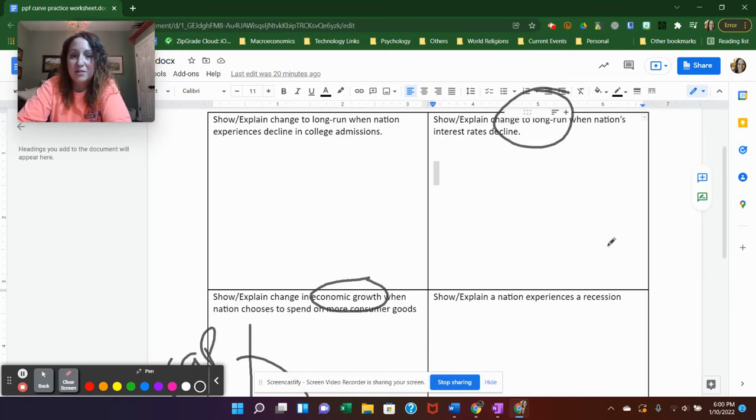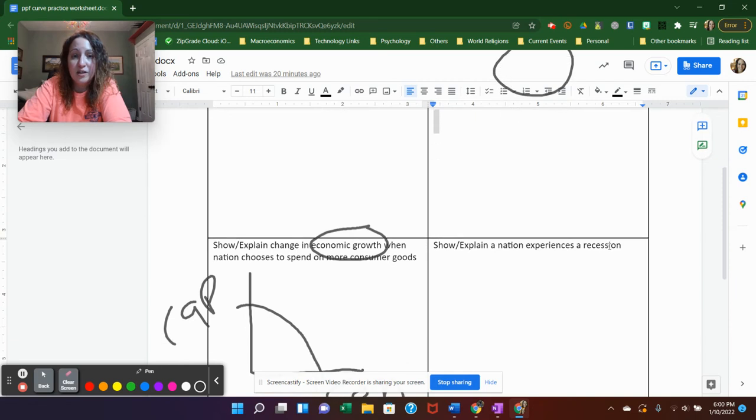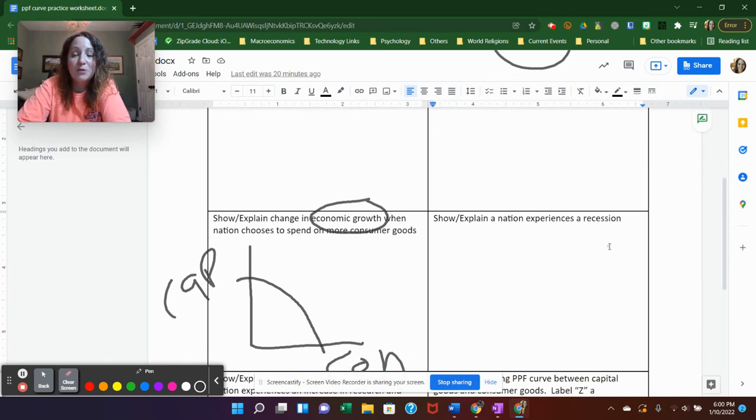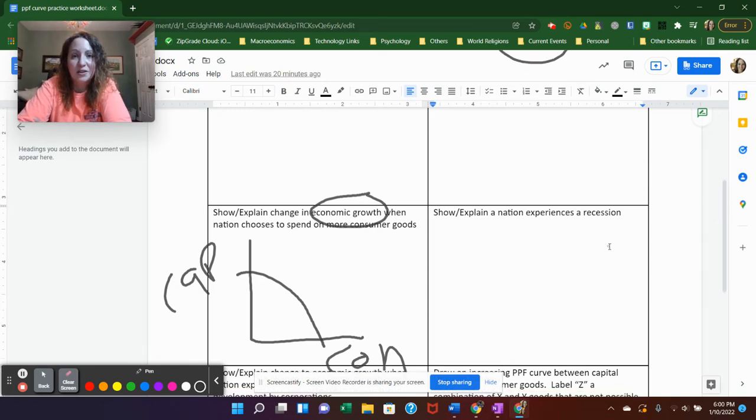So there's not going to be any type of movement. It's not going to be just a point change. Anytime there's a long run change or an economic growth change, the entire PPF curve will shift. Which direction? Don't know yet, but it will. Those are words that are implying, hey, this is going to be a shift of the entire curve.